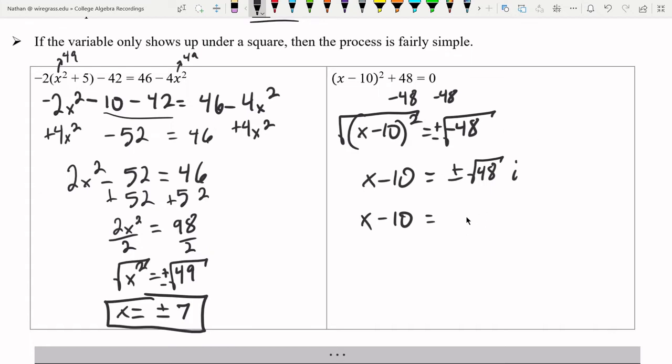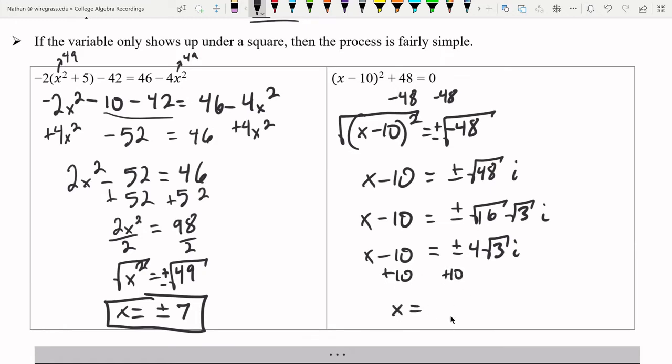And so I can take out a 16, because the square root of 16 is 4. And now I can add 10. And that gives me my two solutions, which happen to be complex in this case.